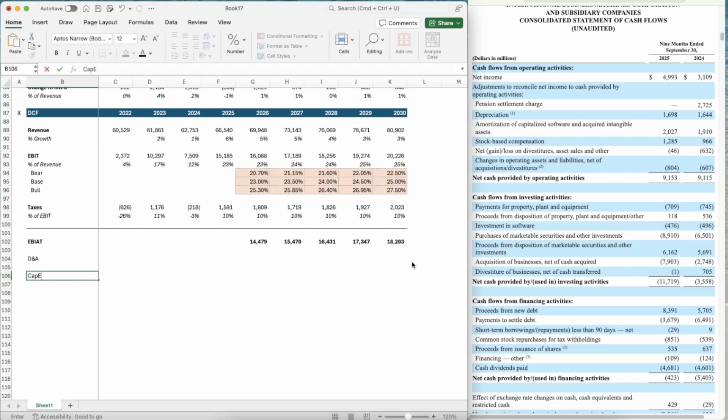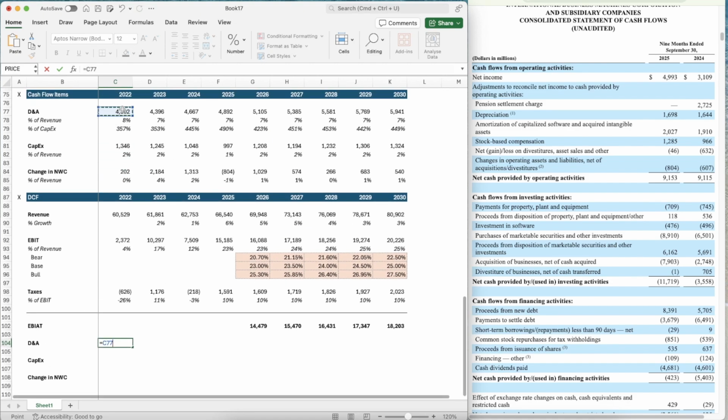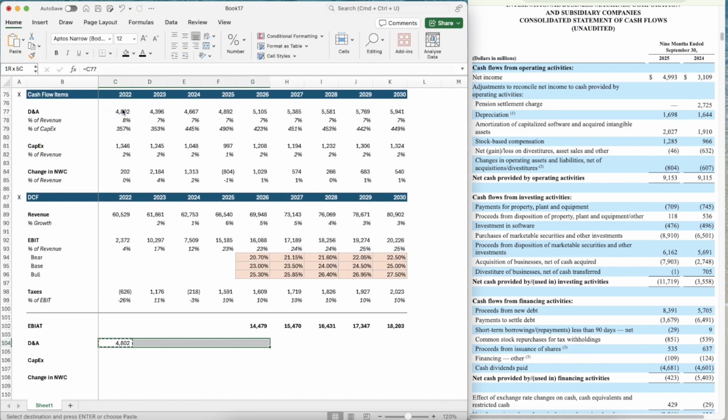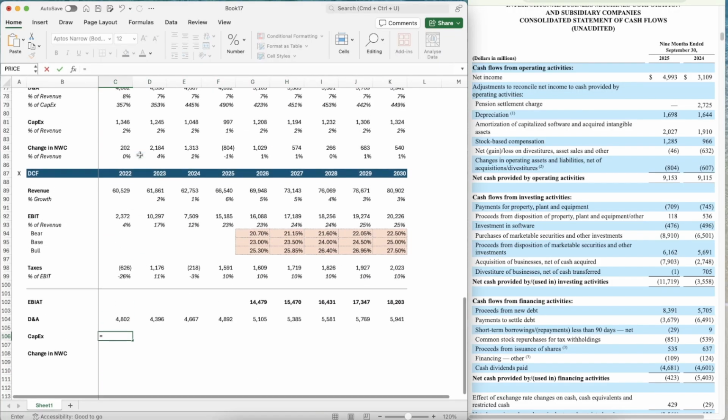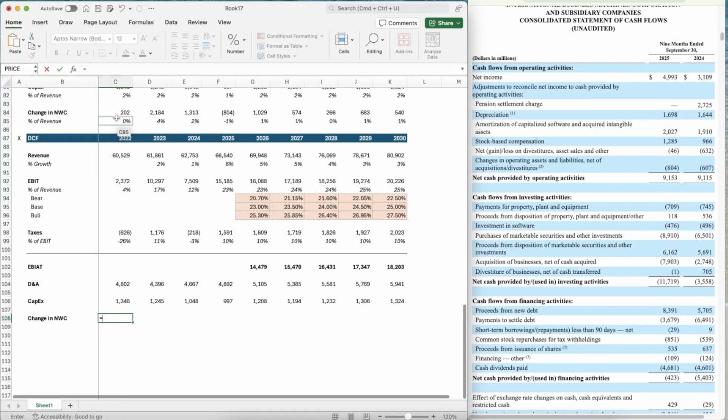Come down, let's bring back our cash flow items. Equals. The cash flow is going to be really good on this company. Just because, look, the depreciation dwarfs the capex. And you'll see in a second how we calculate unlevered free cash flow.